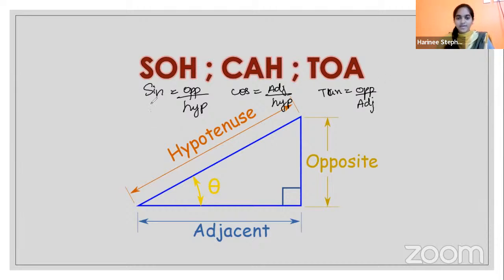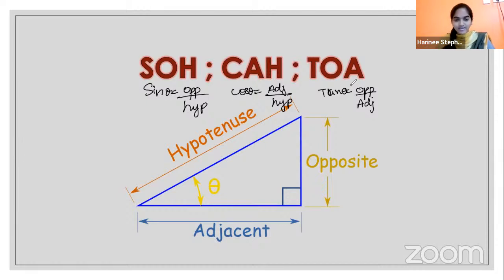So these are the three basic trigonometric ratios that we need. And these ratios involve theta, the angle. Along with the trigonometric ratios, the angle, two of the sides are combined with each other to make these ratios.